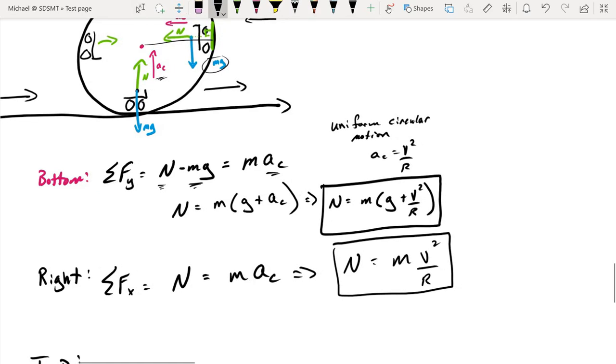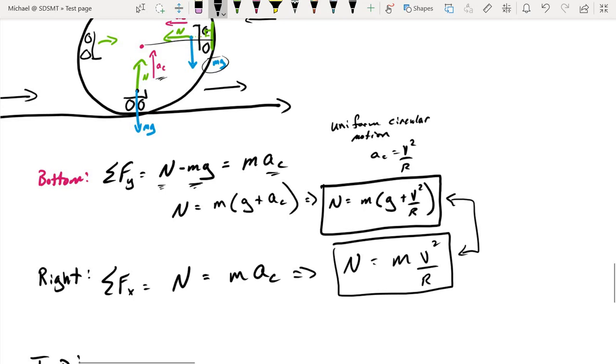And now we can kind of do a comparison here. Well, what's happening to the normal force? Since we've climbed up the track, our normal force has actually diminished a bit. Because down there we had g, and remember the sign on g is the sign on the number. This is a positive g right here.